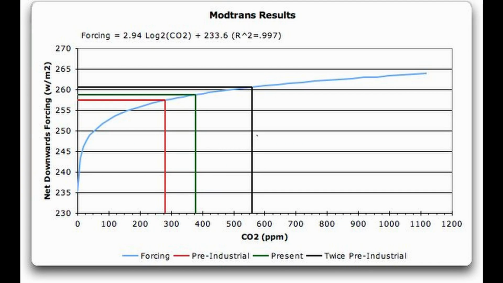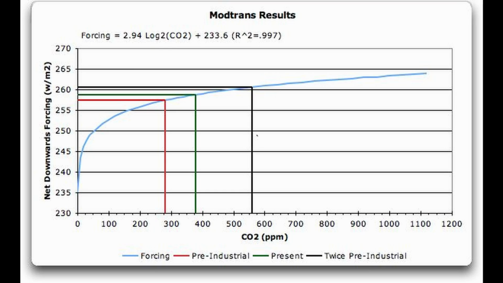But as we start getting more and more CO2 in the atmosphere, there's less of that wavelength to be absorbed. So CO2 can only absorb the one wavelength, and when we get to a point of about 300 parts per million, you can see this line has already started to flatten out.